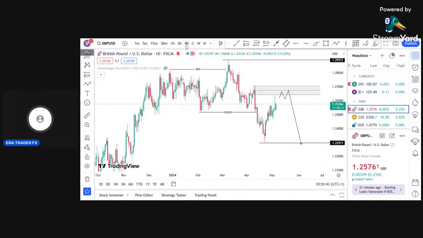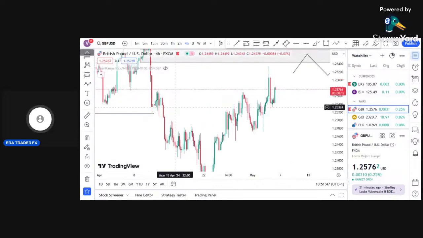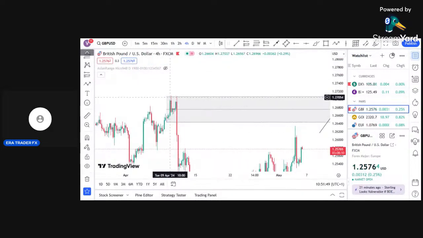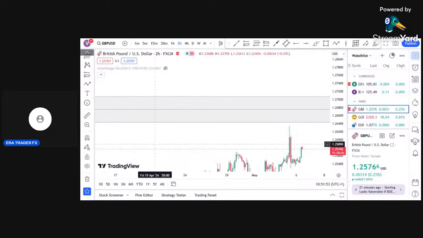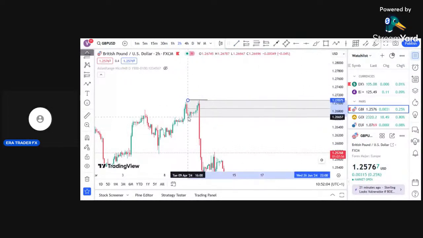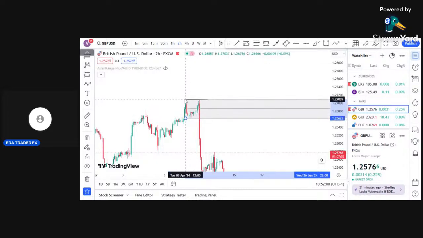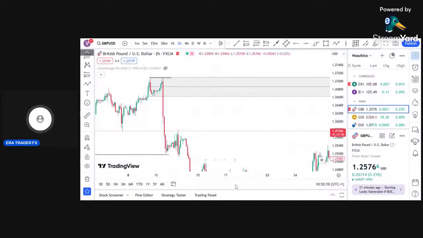If you go to the 4 hour time frame, let me go to 2 hours. You see there's a clear mitigation block. We have that failure swing and we have this level. So I want to refine this to this level because that is a mitigation block.